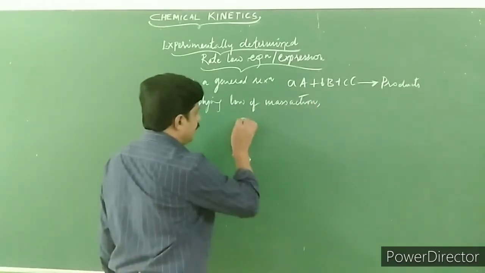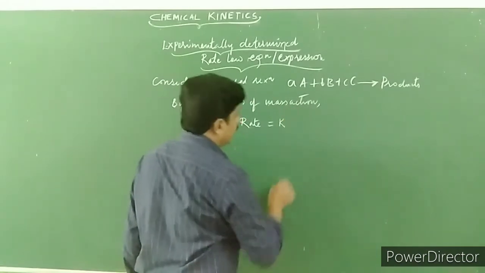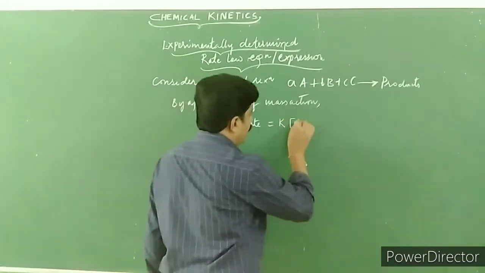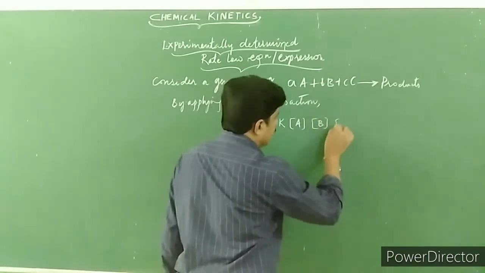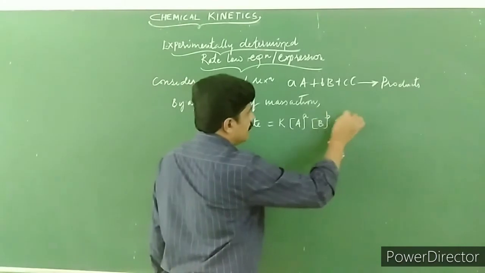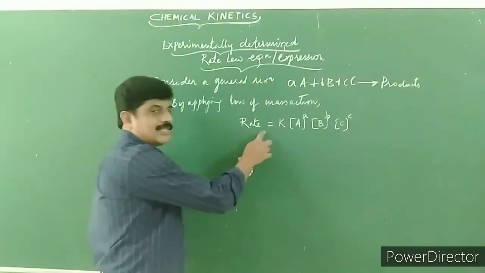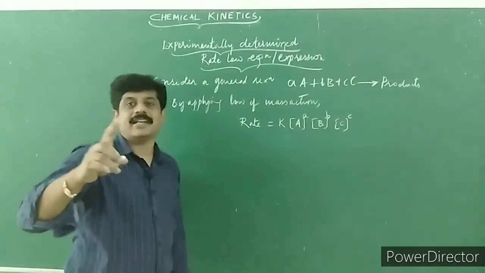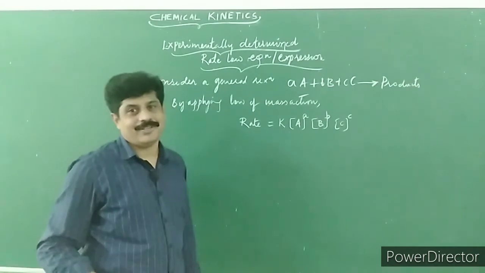Look at here, the rate is equal to K into the product of molar concentrations of all the reactants raised to the power equal to their numerical coefficients. So children, this is what is called the theoretical rate law expression, otherwise called rate law equation.